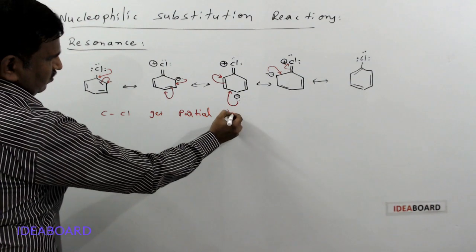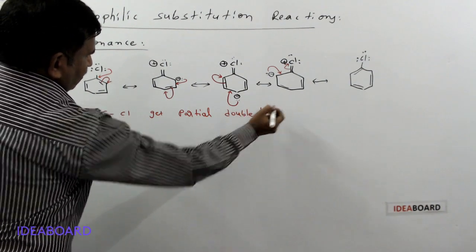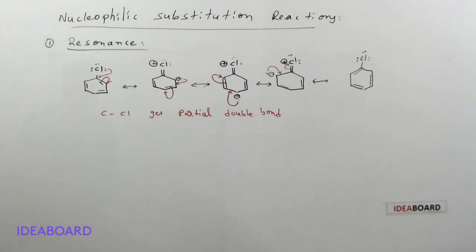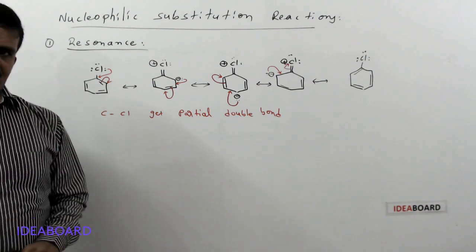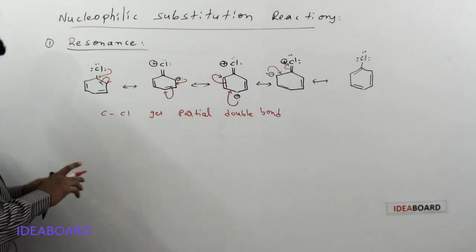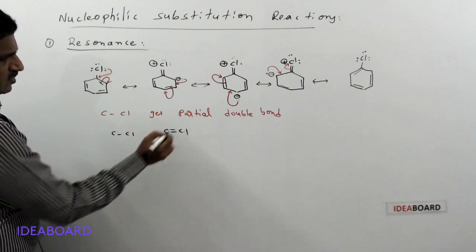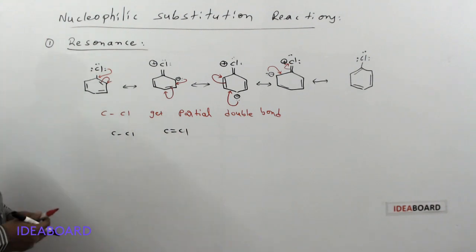Partial double bond nature. So what happens? A single bond requires less energy to break than a double bond. For example, a C-Cl single bond is there, and a C=Cl double bond is there, which is not easily broken.